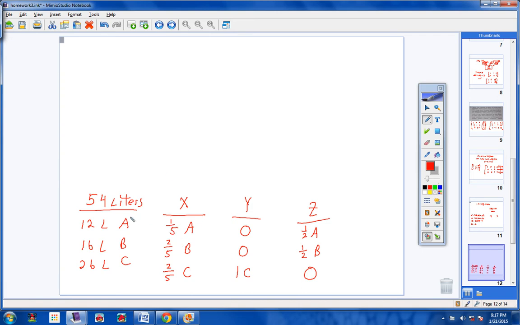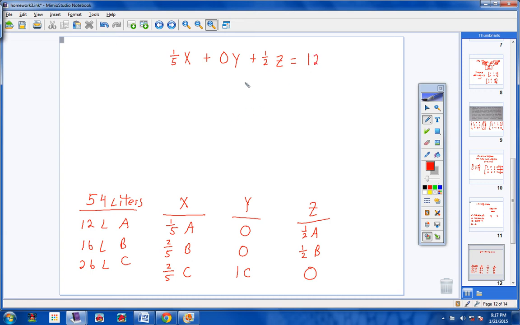Now, let's deal with chemical A. First of all, I know I want 12 liters, okay? I want a total of 12 liters. So, I'm going to say I have 1/5 times my X, that's for my A, plus 0 for my Y, plus 1/2 times my Z, and that would equal, hopefully, 12 liters.